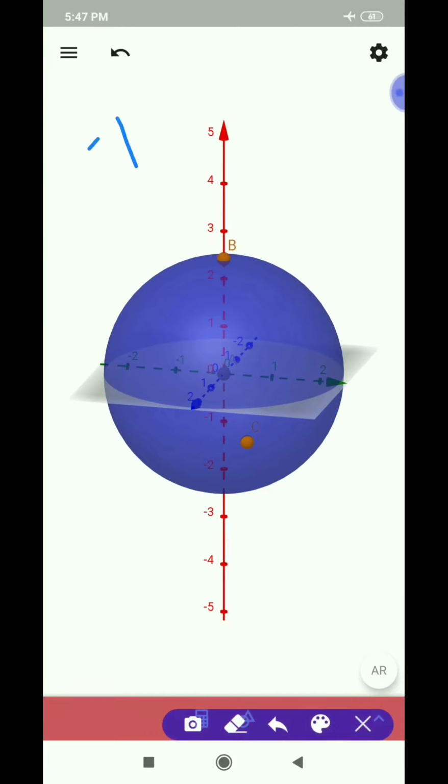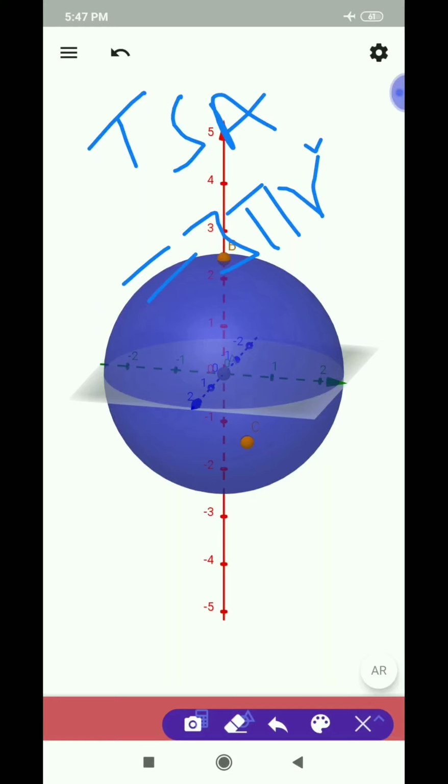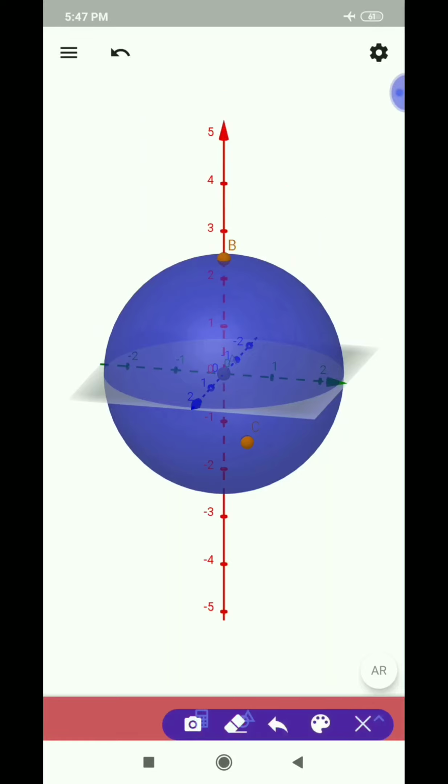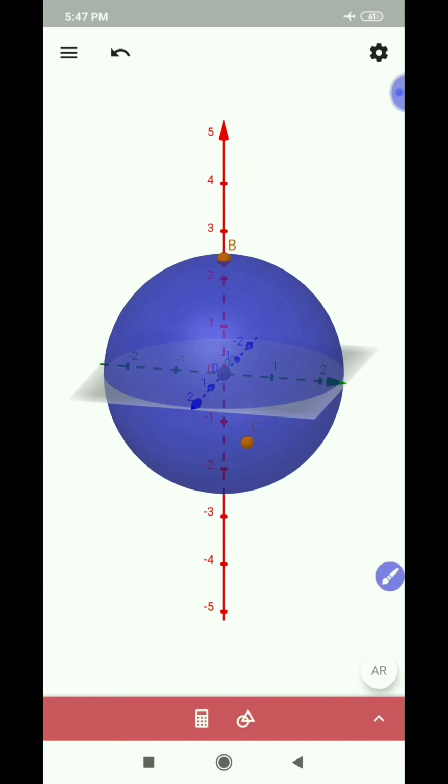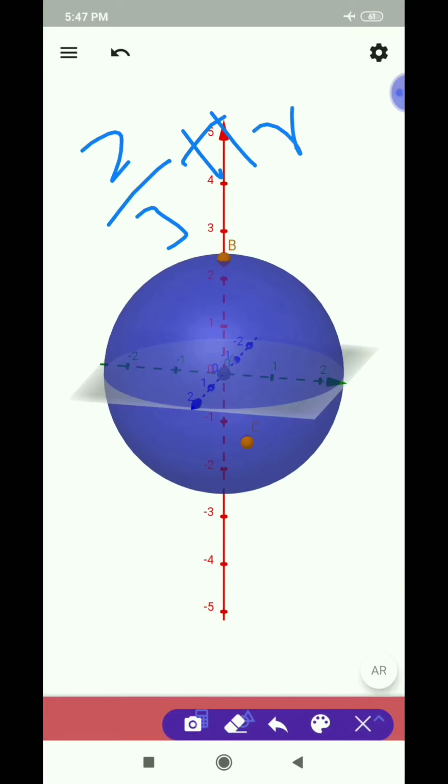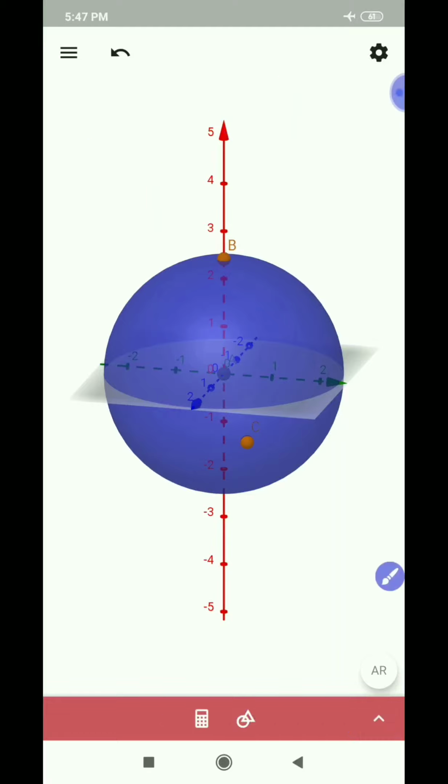So for it, total surface area is 3 pi r square. Once again, curved surface area for a hemisphere is 2 pi r square, total surface area is 3 pi r square and volume is 2/3 pi r cube. Thank you for listening.